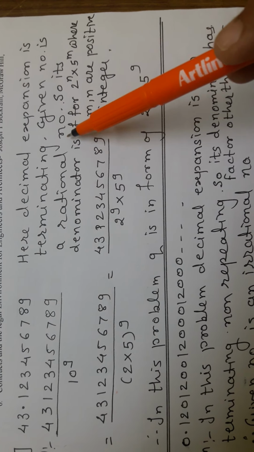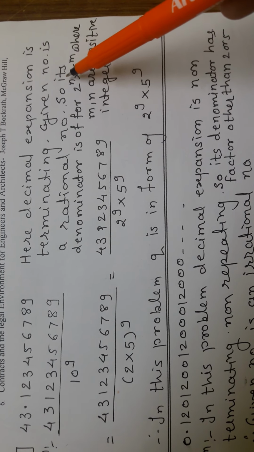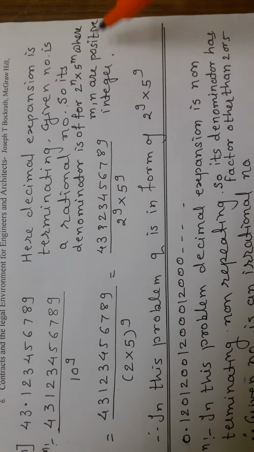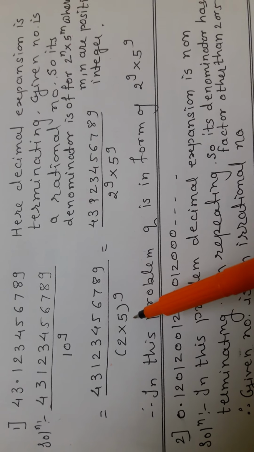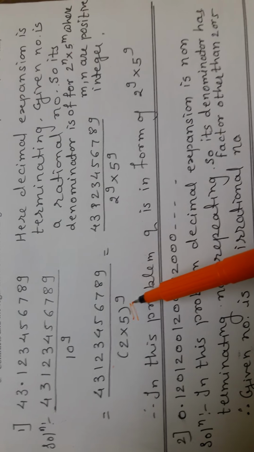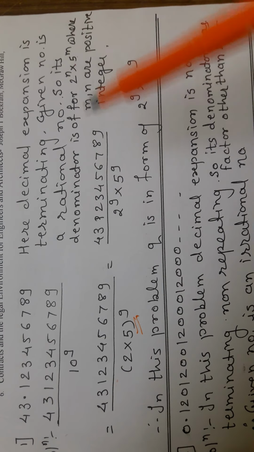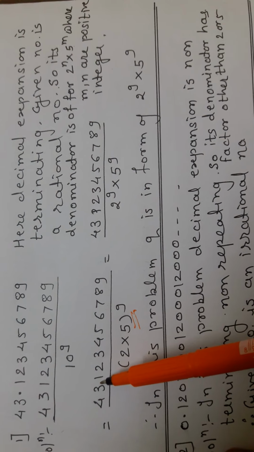If it is a rational number, then its denominator is of the form 2 raised to the power n into 5 raised to the power m, where m and n are positive integers. We have to find the denominator in the form of 2 raised to the power n into 5 raised to the power m. So we have to remove this decimal.